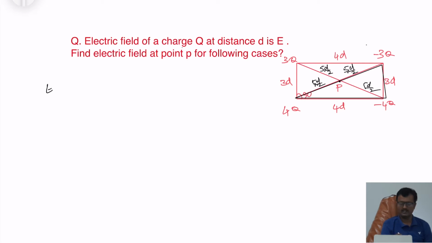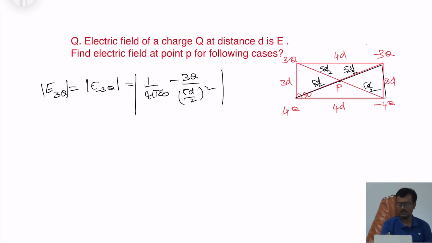So the electric field due to 3Q and the electric field due to minus 3Q have the same magnitude, because both are at equal distance. That magnitude is modulus of minus 3Q by distance squared, where the distance is 5D by 2, so d square means 5D by 2 whole square.